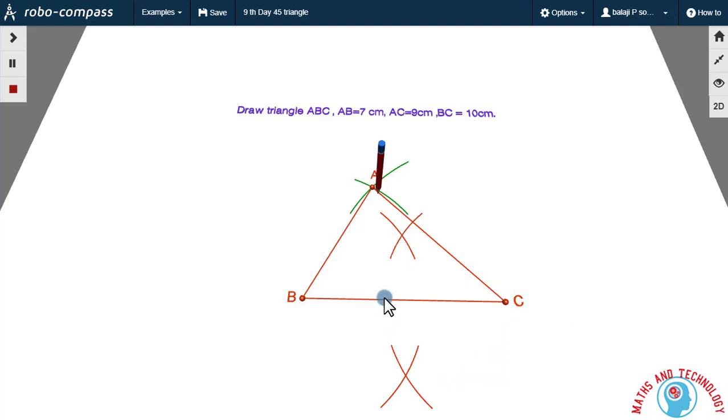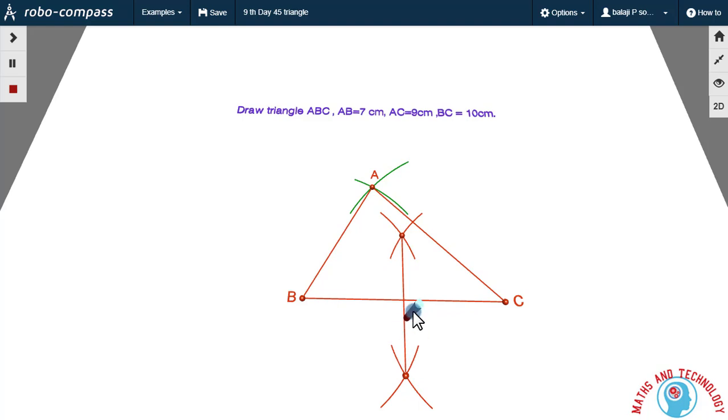Join the two points by scale, and this line intersects BC at a point. That point is our midpoint of BC.